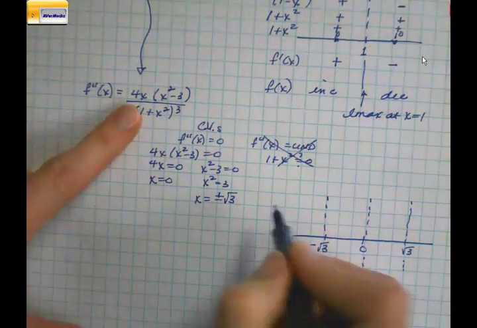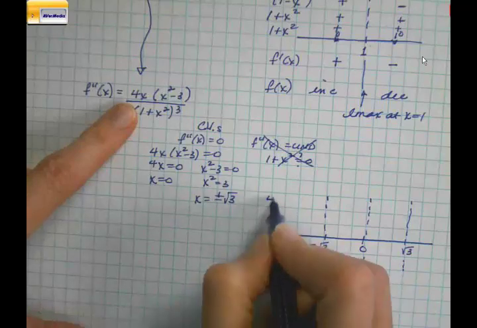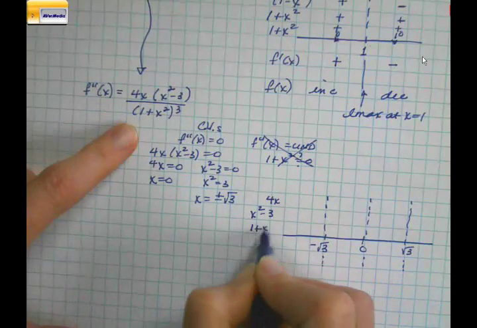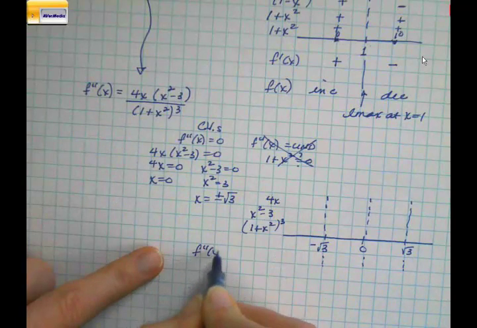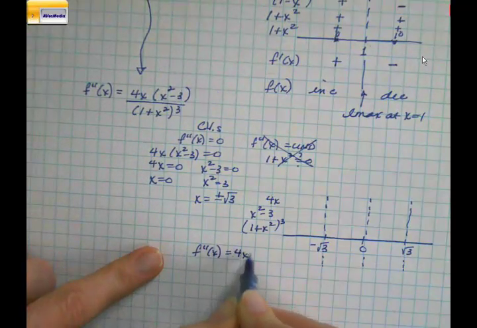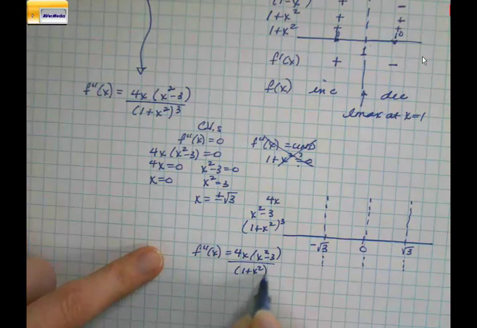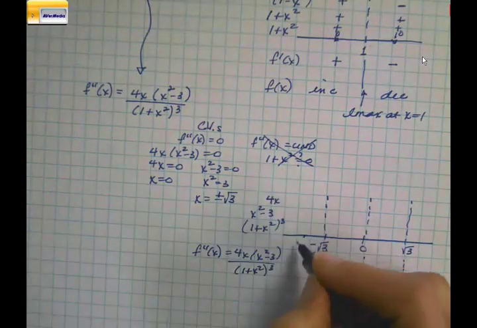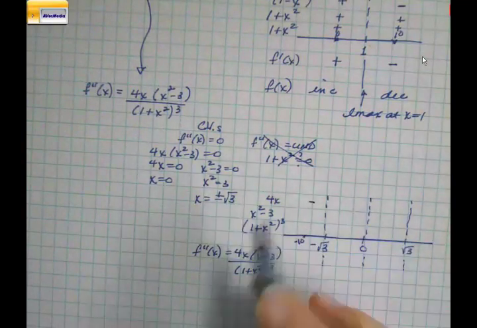Okay, so the second derivative is the 4x times the x squared minus 3 over the 1 plus x squared cubed. What a mess. To the left of negative square root of 3, use negative 10. I like 10s. 4 times negative 10 is negative.